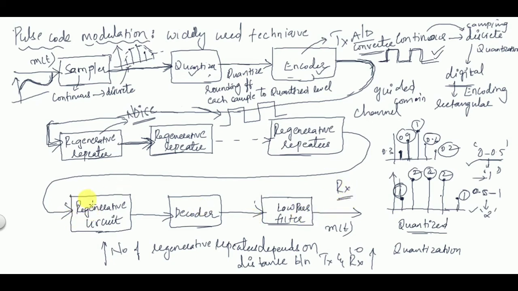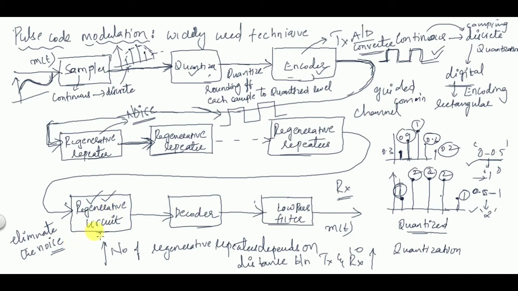So the first element or the first circuit of the receiver circuit is the regenerative circuit. The regenerative circuit will eliminate the noise present in the rectangular pulses.